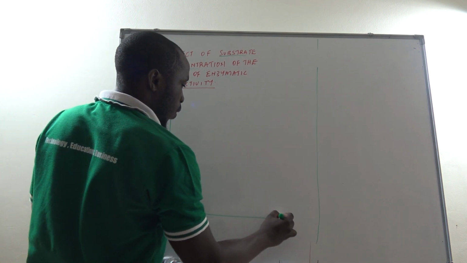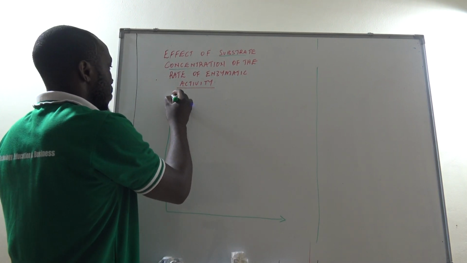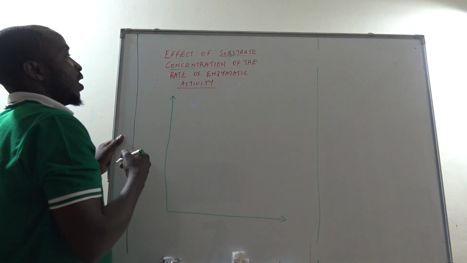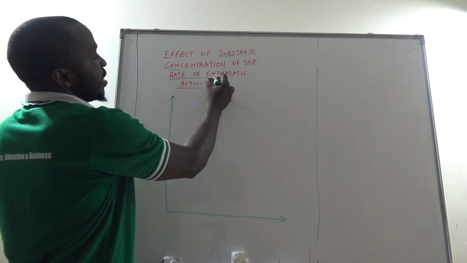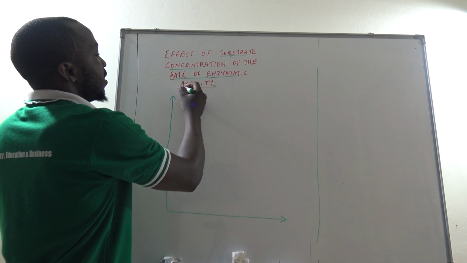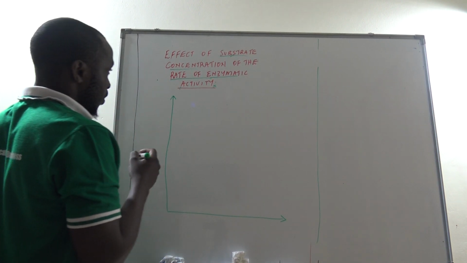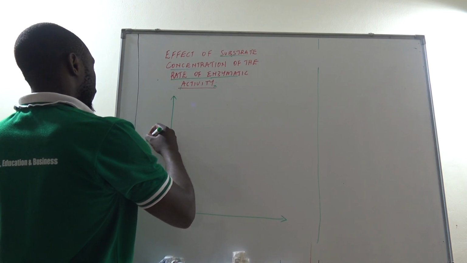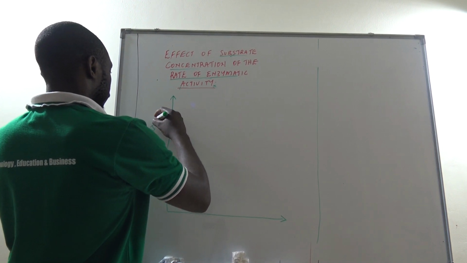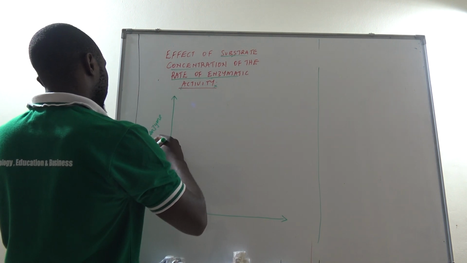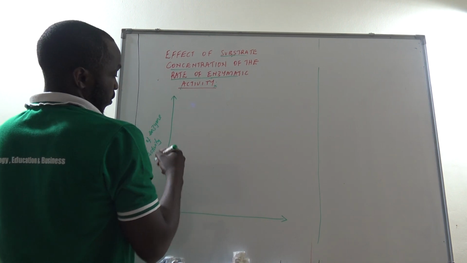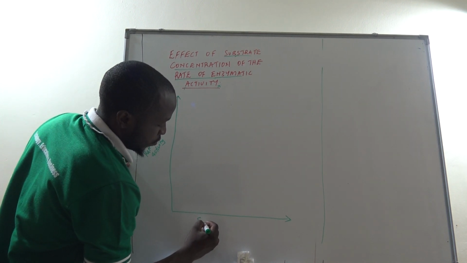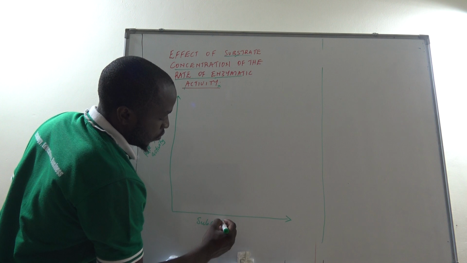Experimentally, we can obtain a line graph if we alter the substrate concentration and analyze the outcomes of a certain enzymatic reaction. So we have the rate of enzyme activity in any units, and here we have substrate concentration.